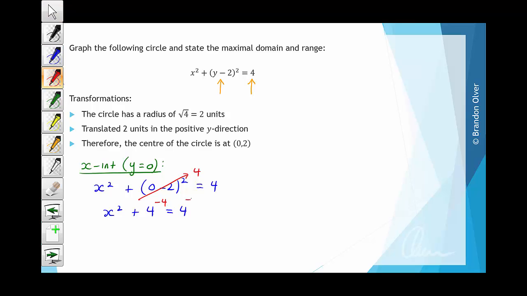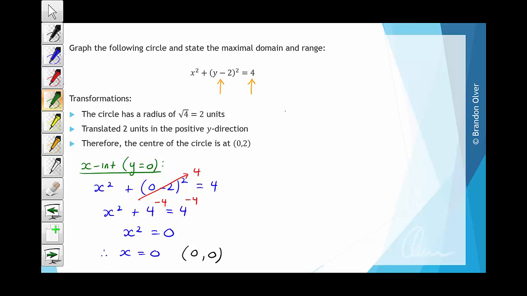Subtracting 4 from both sides, we find that x squared is equal to 0, which means that x equals 0. That gives us the coordinate (0, 0), which is an x and y intercept.